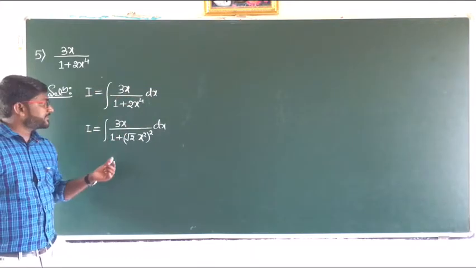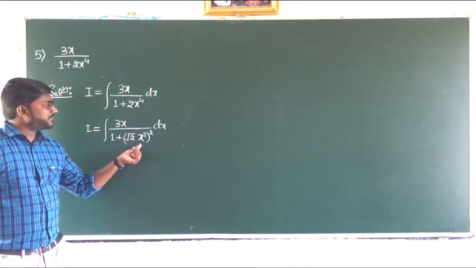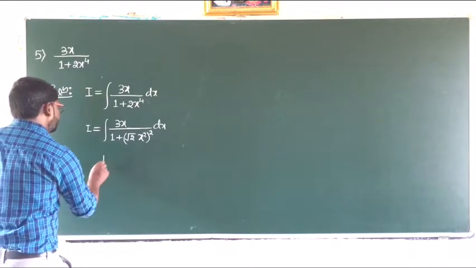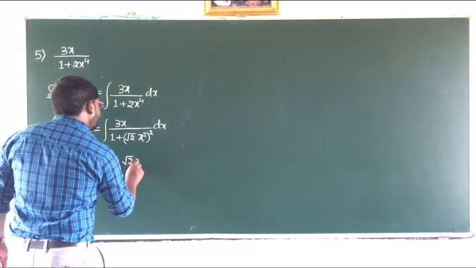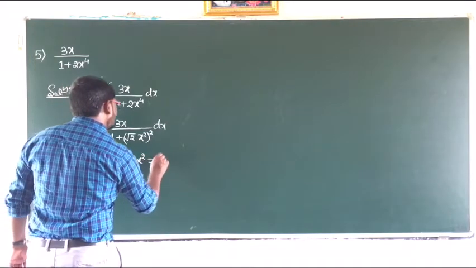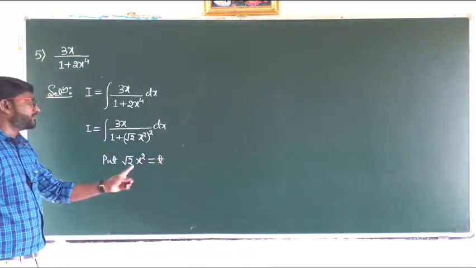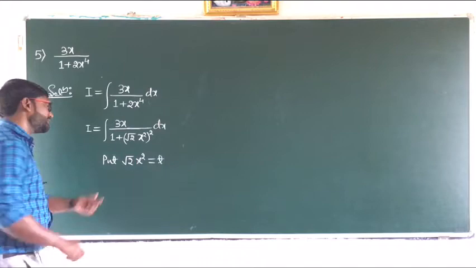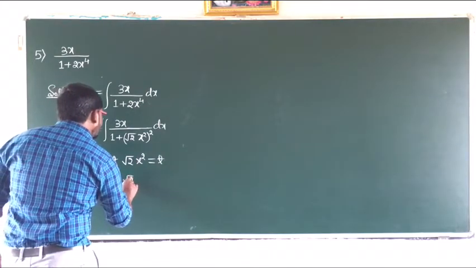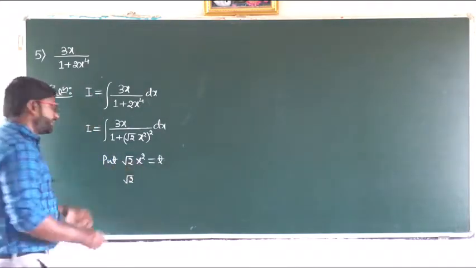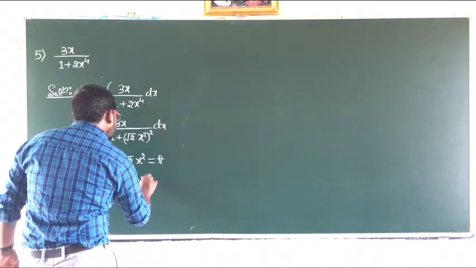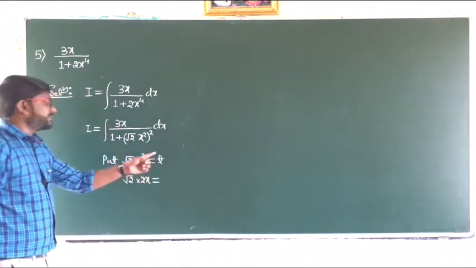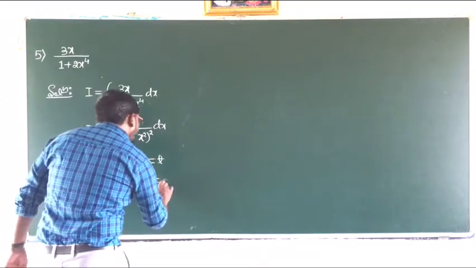Now I go for the substitution. Put root 2 x square as t. Now differentiate both the sides with respect to x. Root 2 is a constant, I write it as it is. Then the derivative of x square will be 2x, which is equal to dt by dx.